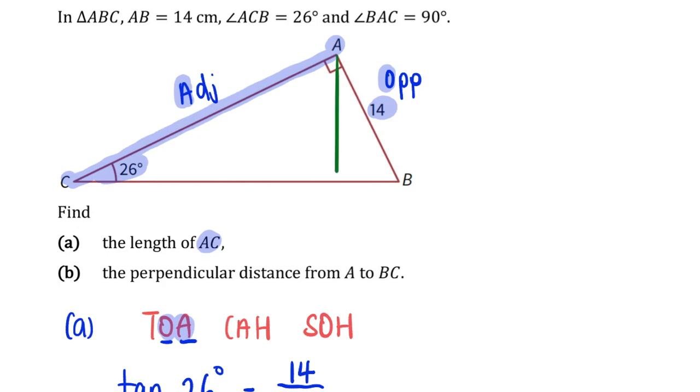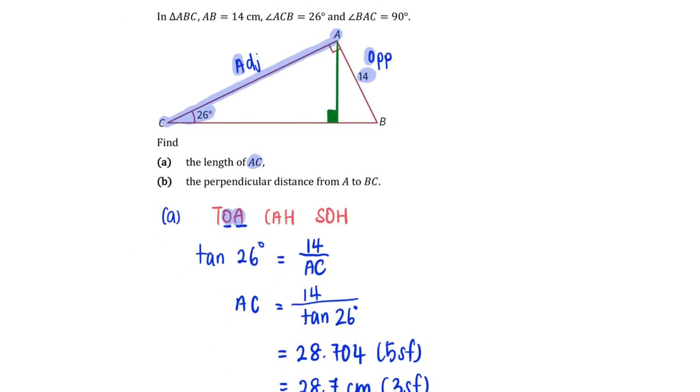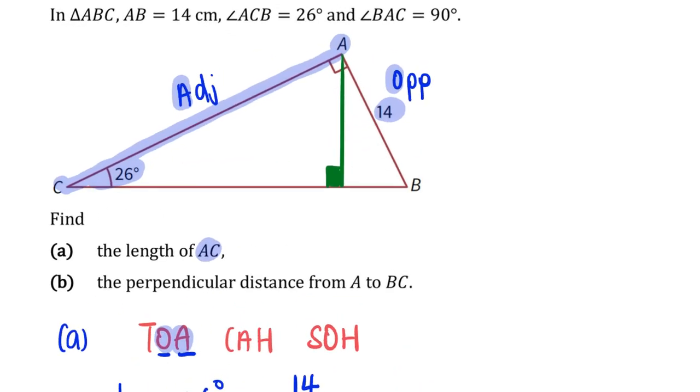It will be this length. Okay? Which is perpendicular. And because we already gotten the length AC, length AC is 28.704.